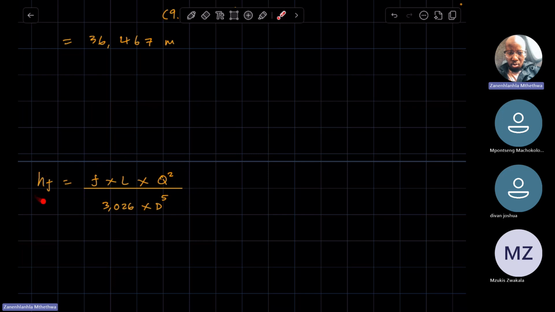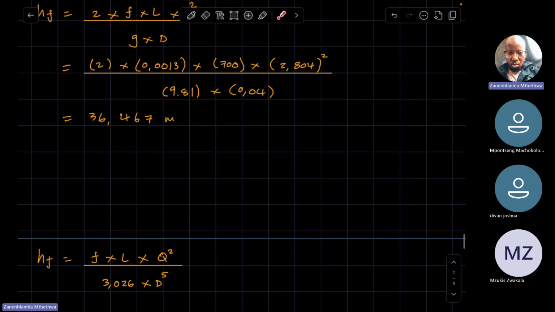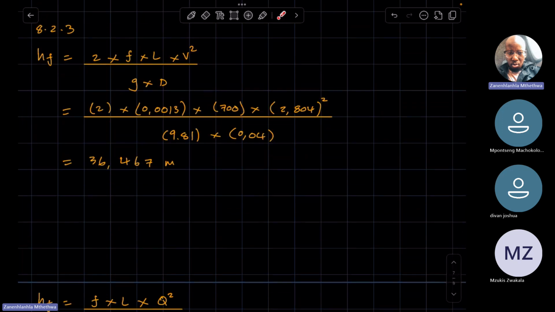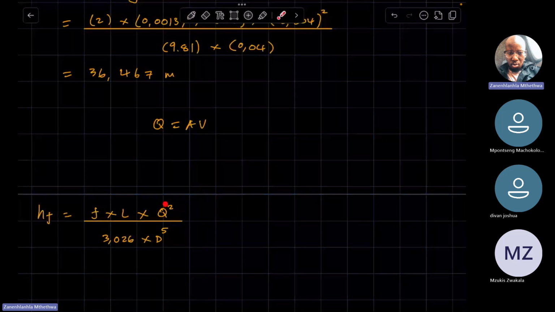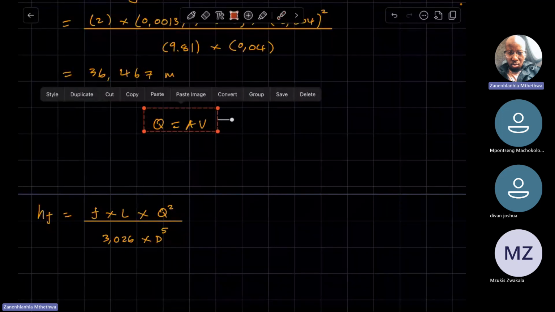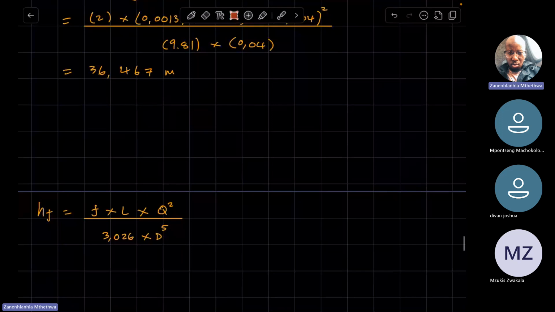Similarly, if you've been given HF and you have to calculate the discharge, instead of calculating the velocity using this and then calculating the discharge using this formula, you can simply use this variation of Darcy's formula to calculate Q. Are we clear?